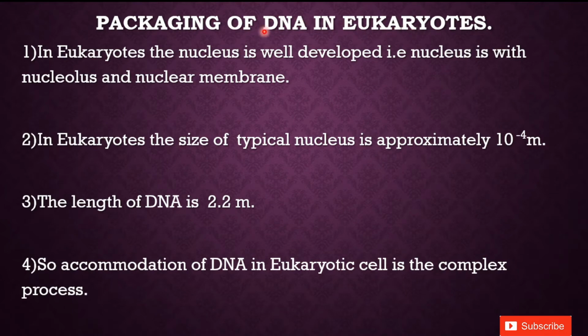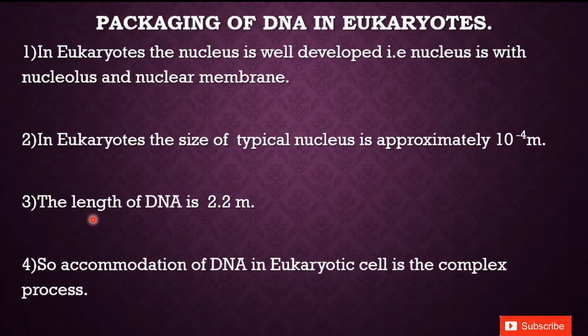Packaging of DNA means how the DNA is accommodated, packed or fitted inside the nucleus of the eukaryotic cell; that is what we are going to study today. Now, what happens in eukaryotes? The size of a typical nucleus is approximately 10 raised to power minus 4 meter. See how small it is.